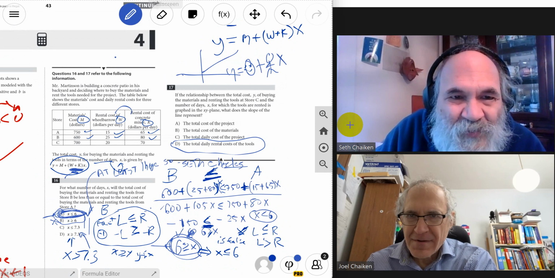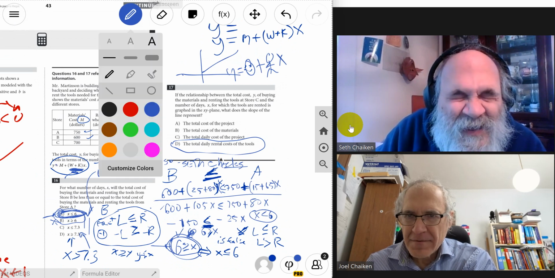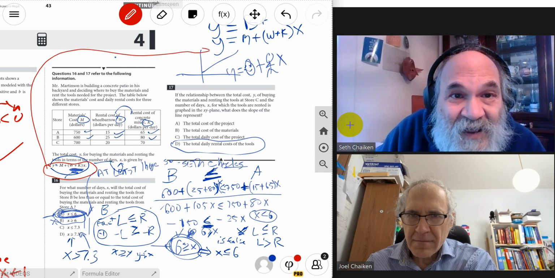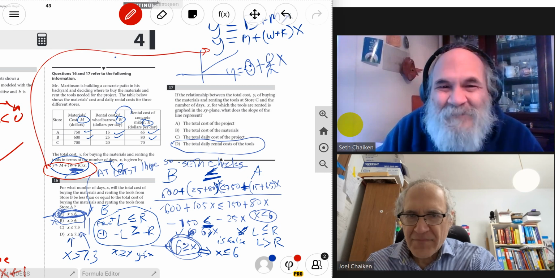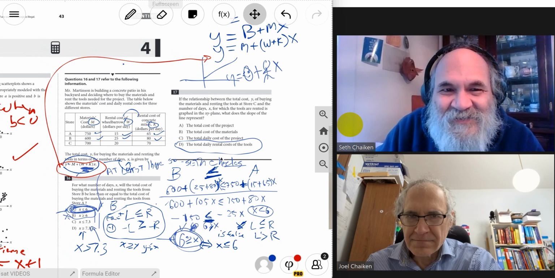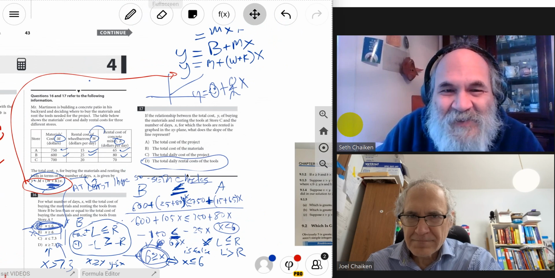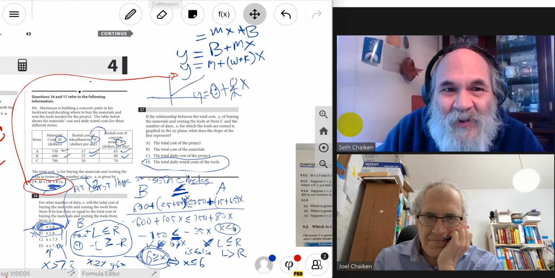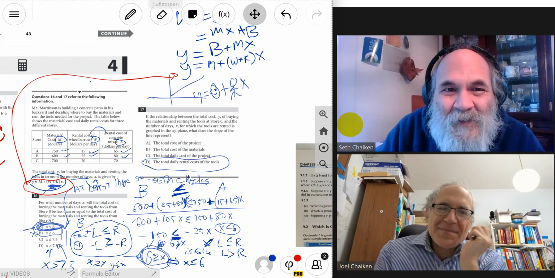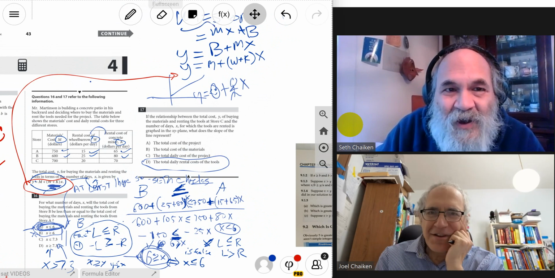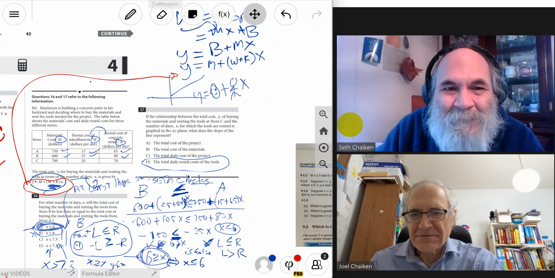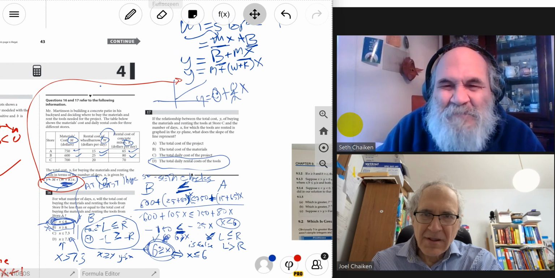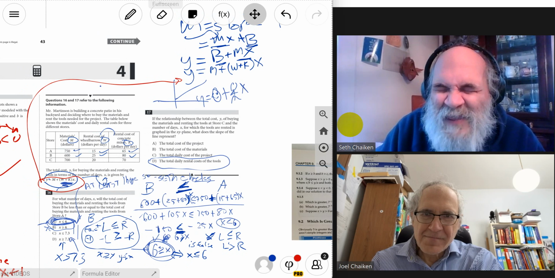Now, this is in the form Y equals B plus MX, which is MX plus B. So, of course, M is the slope. Well, of course, most people know that. But the point about M and B is not that B is on the right and M is on the left.